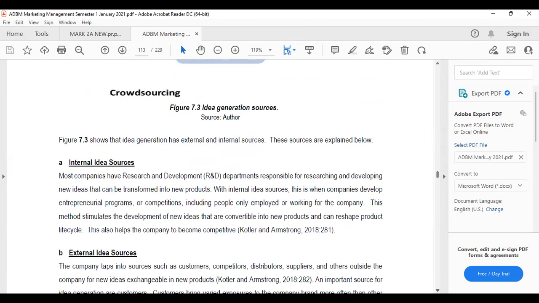So we said last time that some of the examples of internal sources are brainstorming and focus groups. You're trying to get information from your employees within the company. You can brainstorm, and brainstorming is actually gathering people from different departments within the organization, so that you get their views with regards to whatever product you intend to develop.